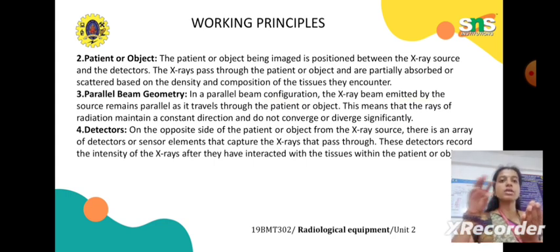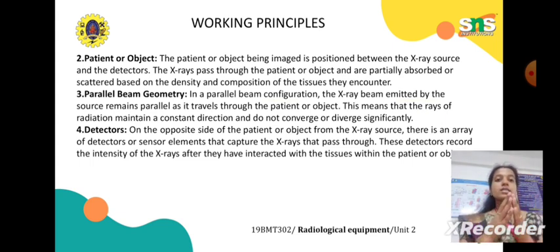The patient or object being imaged is positioned between the X-ray source and the detector. The X-rays pass through the patient and are partially absorbed or scattered based on the density and composition of the tissues they encounter. The part that we are going to scan will be exposed to a large amount of X-rays.